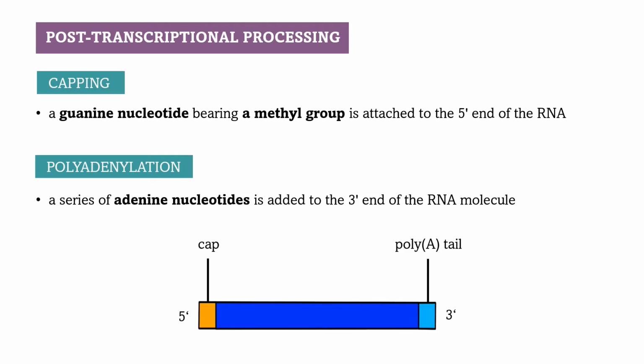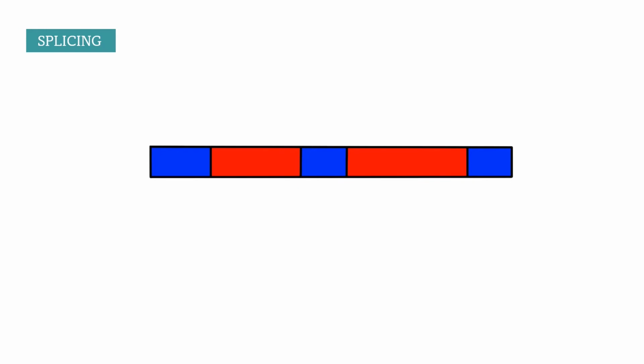The third process is called splicing. Splicing is a process which needs to happen because of a special structure of eukaryotic protein coding genes. These genes contain two important sequences that we call introns and exons. Introns are non-coding sequences. In other words, sequences that do not contain instructions on how to make a protein.